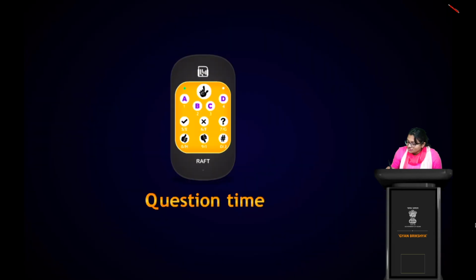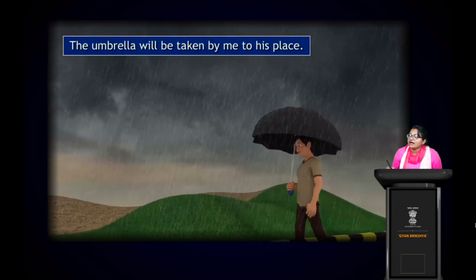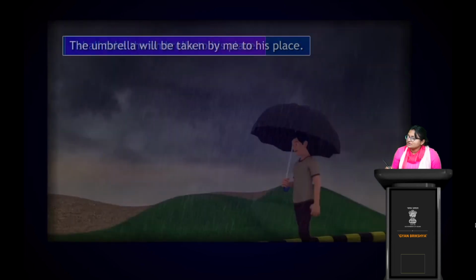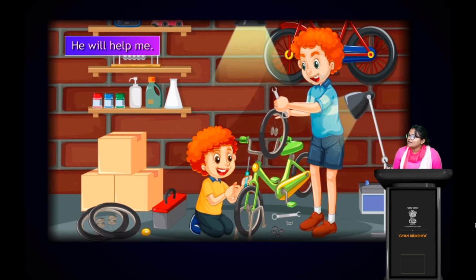Okay. So we were saying that I shall take the umbrella to his place will get changed in passive voice to the umbrella will be taken by me to his place. Clear? Now let's look at this sentence: He will help me.